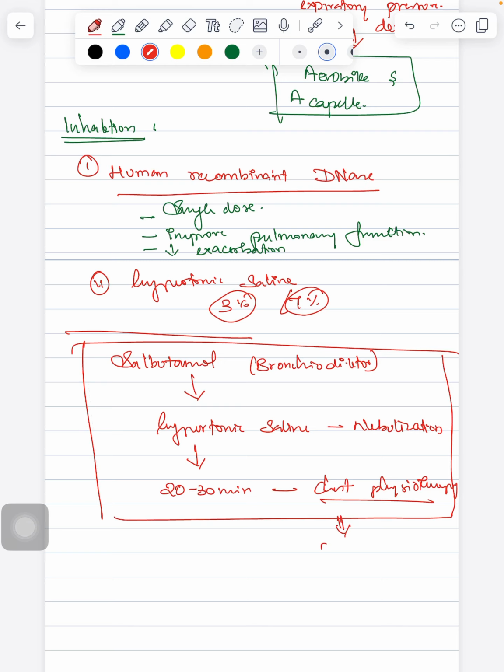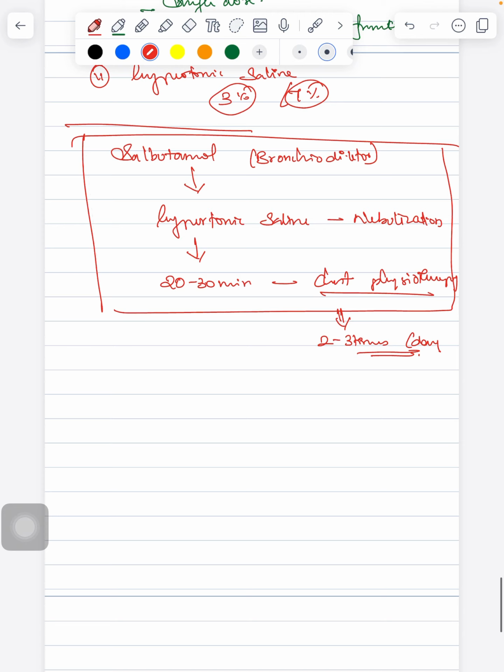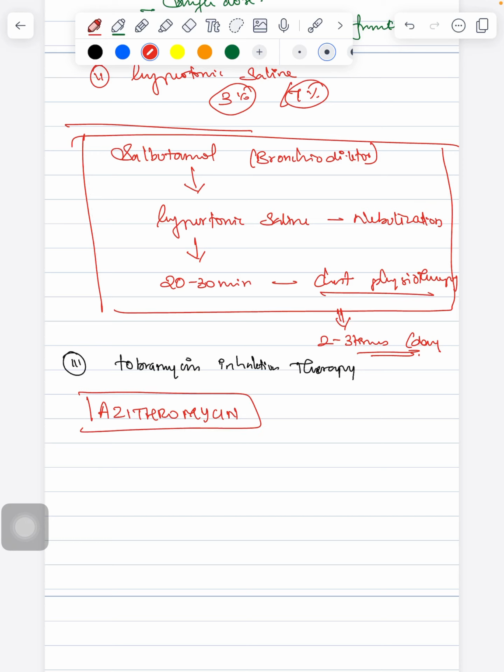Fine. Next, we have other inhalation therapy. You can have antibiotic inhalation therapy like tobramycin. Okay. Next, we have another specific antibiotic, that is your macrolide, mainly azithromycin. This is being used as an immunomodulator drug in a cystic fibrosis child. So this has been considered as an immune modulator in cystic fibrosis.